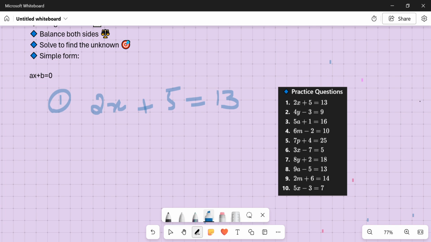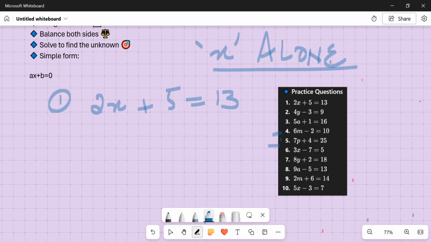Whatever the variable is, whether it's m in the fourth part, p in the fifth part, x in the last one, or m in the second last, it should be alone in the end. Alone in the end means that we will get the value of x in the end.